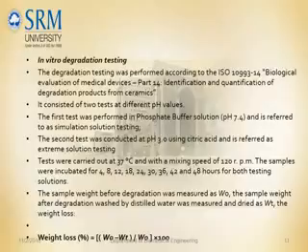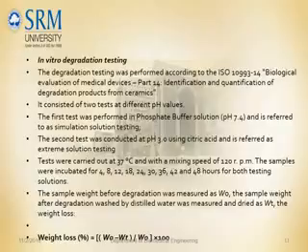It consisted of 2 tests at different pH values. The first test was performed in phosphate buffer solution, pH 7.4, and is referred to as simulation solution testing. The second test was conducted at pH 3.0, using citric acid, and is referred to as extreme solution testing.